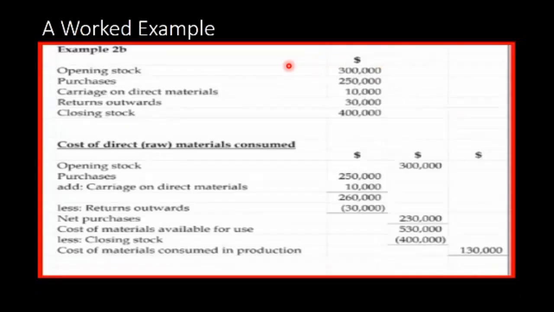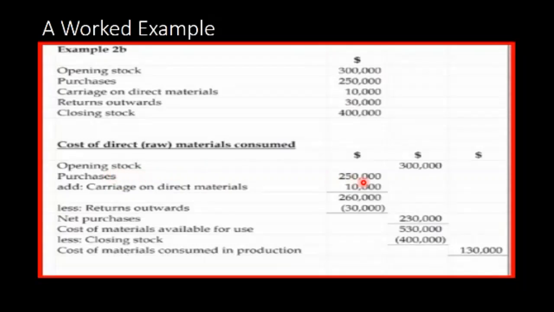Although the amount is not the same, the section is the same. Okay, so once you have this heading here, you don't need to have both direct and raw, right? One or the other could do, right? And once you have this up here, you don't need to be saying materials, materials, and raw materials, right? Here, you could have add carriage, and you know it's on direct material because it's in the heading already, right?